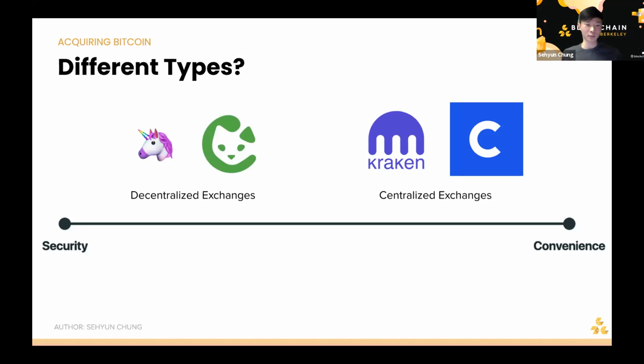So this is the same idea of trade-off and user preference, and it goes to show how important it is for users who are trying to acquire Bitcoin and use wallets to be knowledgeable and make educated decisions for themselves.